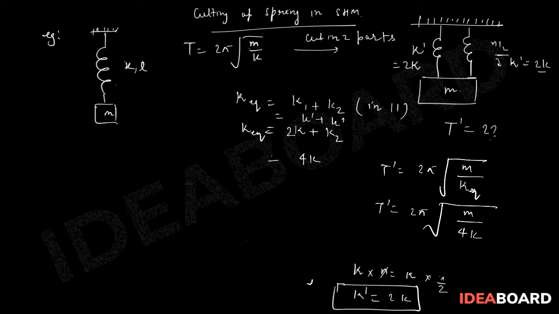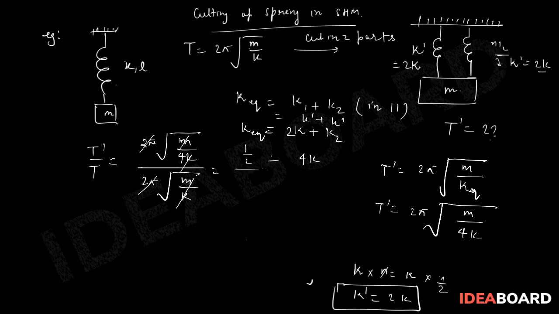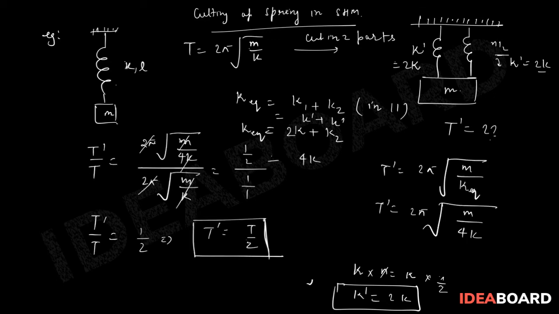So now I can take the ratio. T dash upon T is equal to 2 pi under root of m by 4K upon 2 pi under root of m by K. So m by K is cancelled out, 2 pi is cancelled out. This is 1 upon 2, this is 1 upon 1. So T dash upon T is equal to 1 upon 2. So T dash is going to be T by 2. Okay. So we obtained the value of T dash.